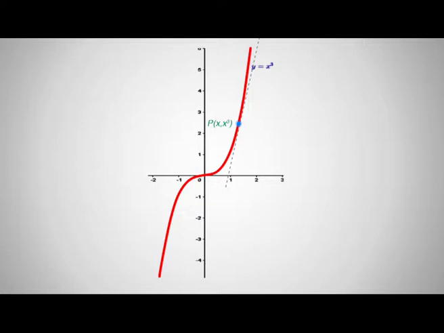On the open interval 0 to infinity, as we move to the right along the x axis starting from x equal to 0, tangent lines to the curve have increasing slopes f dash of x.